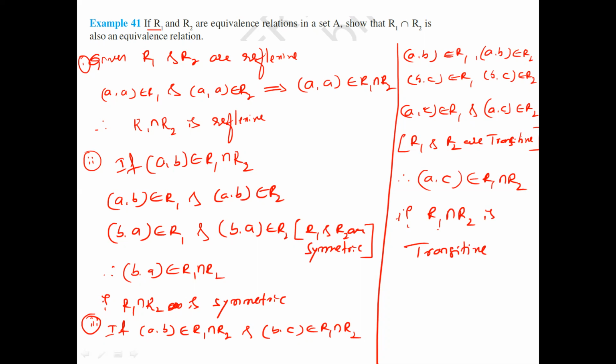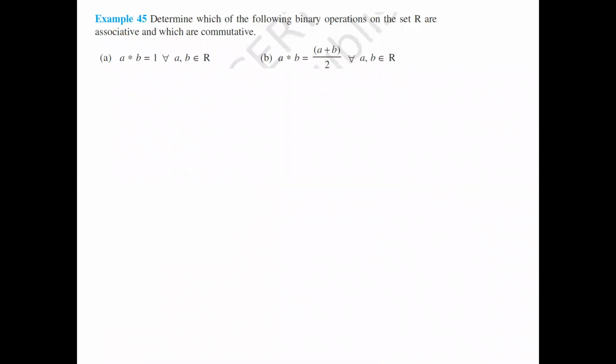I'm moving to the next slide. Determine which of the following binary operations on the set R are associative and which are commutative.